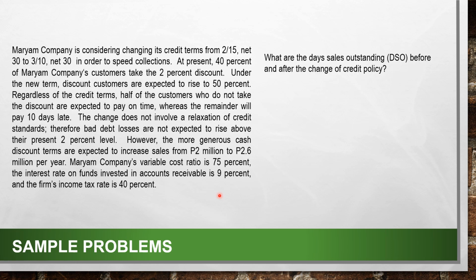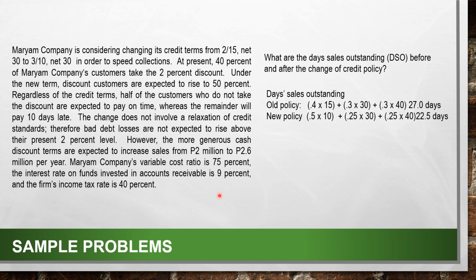So for our first question, what are the days sales outstanding, or the DSO, before and after the change of credit policy? So we have here the old policy. At present, 40% take the 2% discount, so that's 0.4 times the 15-day discount period, plus 0.3, half of the customers who do not take the discount.